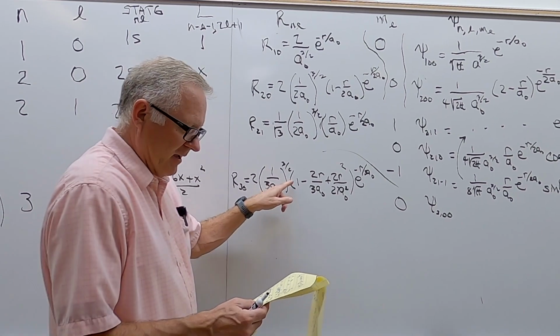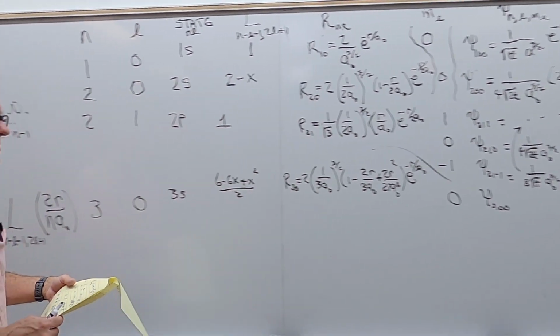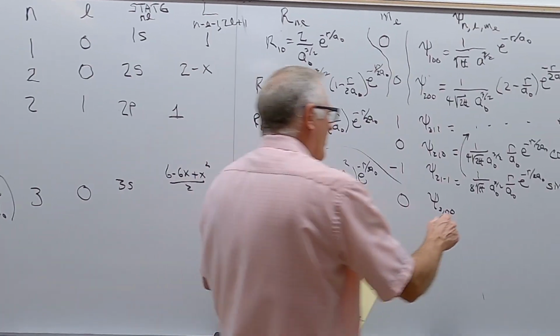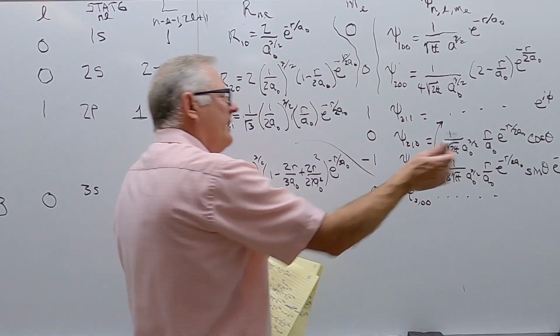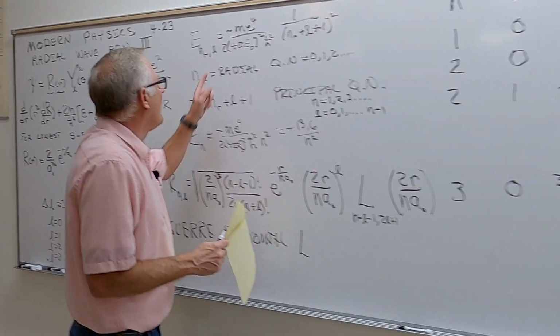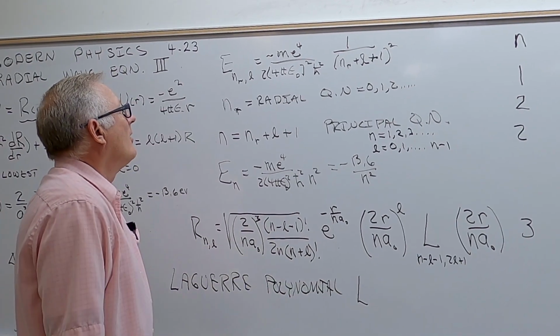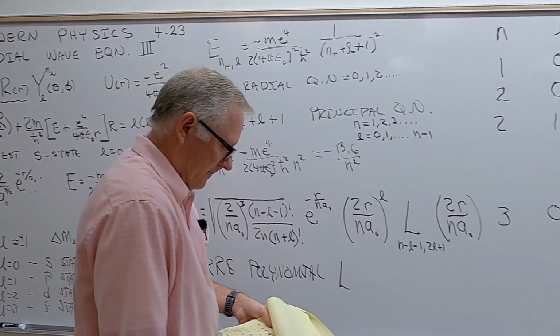And it's still going to have a quadratic term in there. So it's just going to get longer and longer. So now we know all of the eigenfunctions and all of the eigenvalues for the hydrogen atom right here.